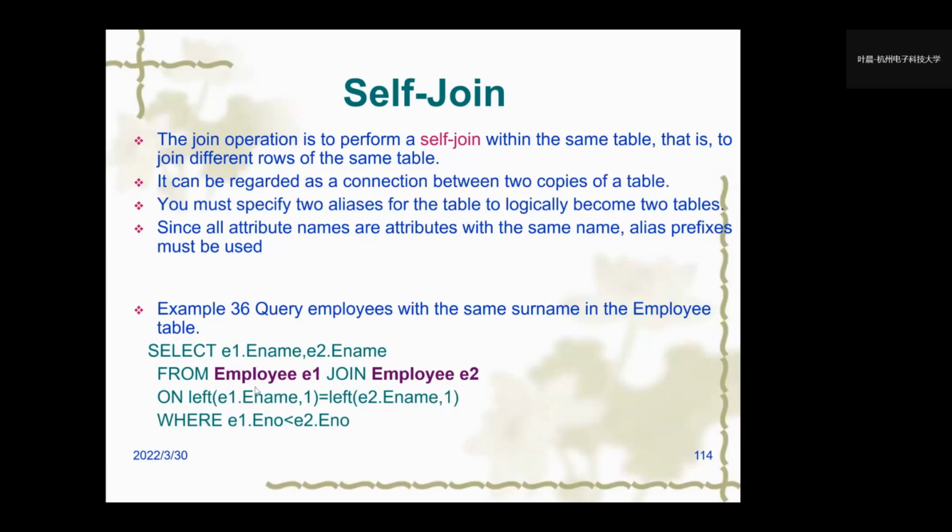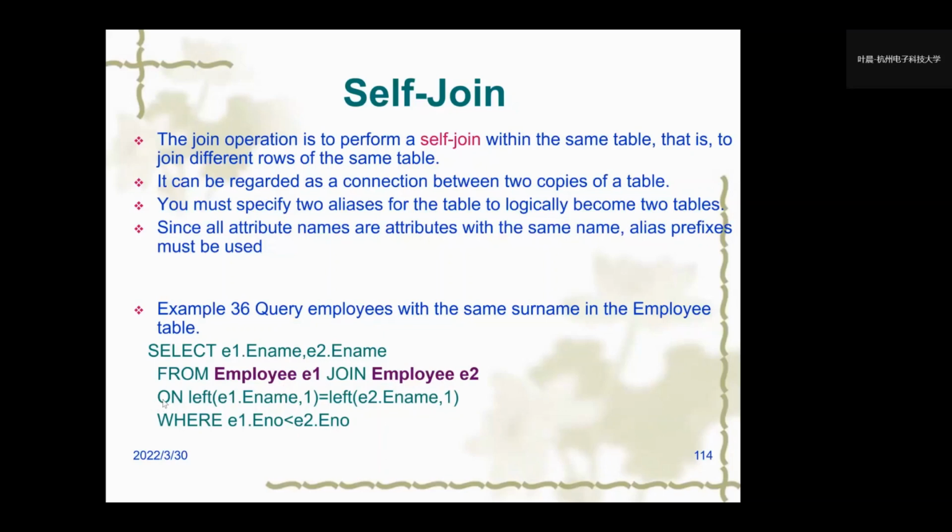We just give the employee two aliases, which we call E1 and E2. So we can do a self join between E1 and E2. We use select E1.ename and E2.ename from employee E1 join employee E2, which we call the self join because it is from the same table employee.